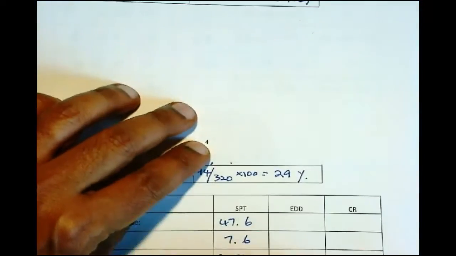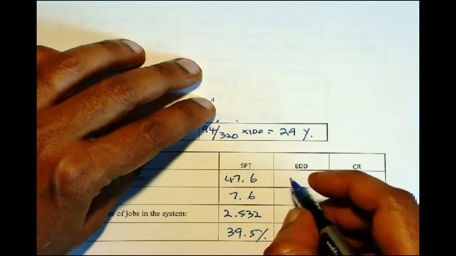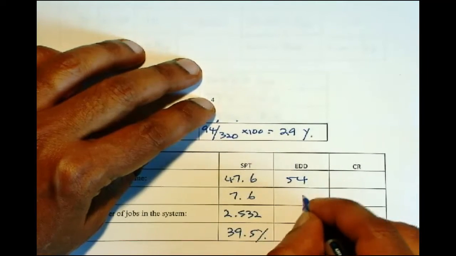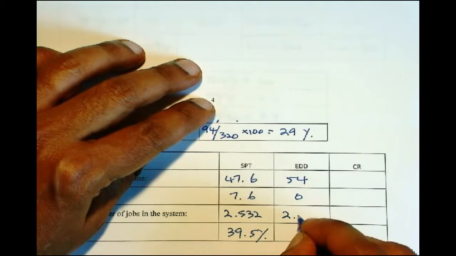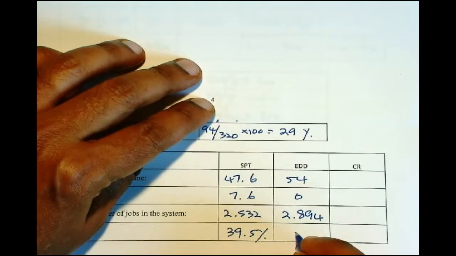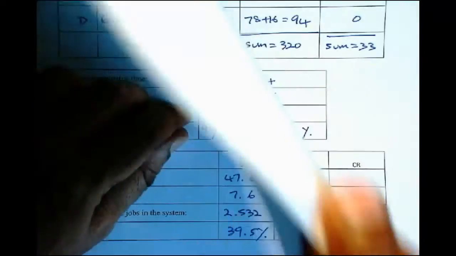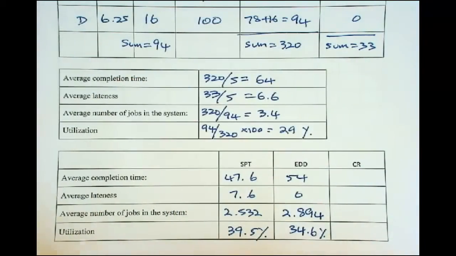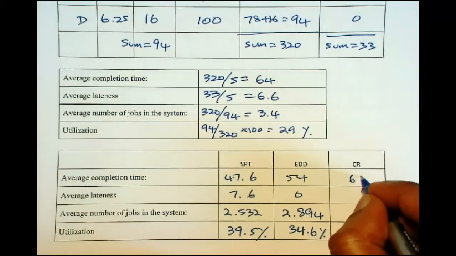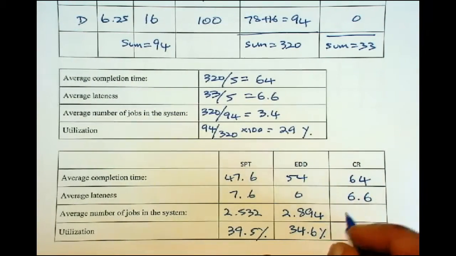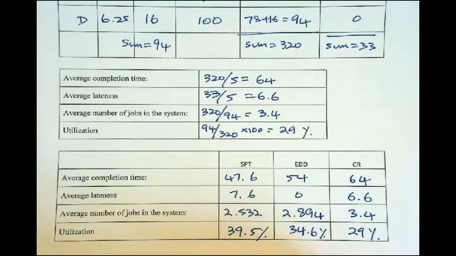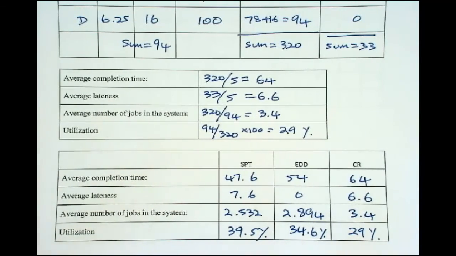EDD is 54, 0, 2.894, 34.6%, and CR is 64, 6.6, 3.4 and 29%.